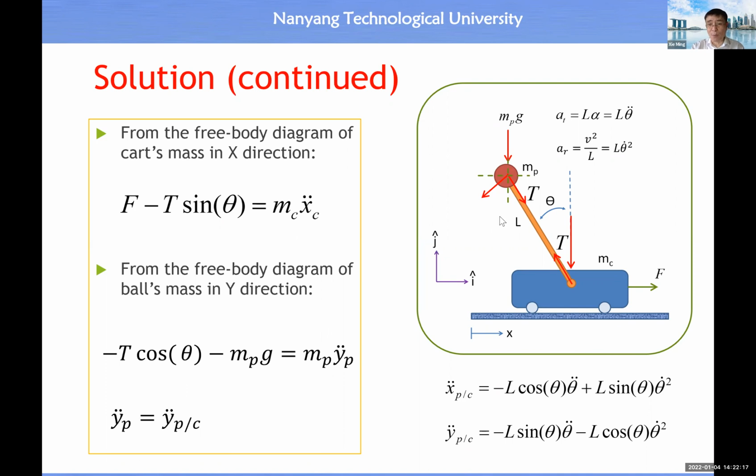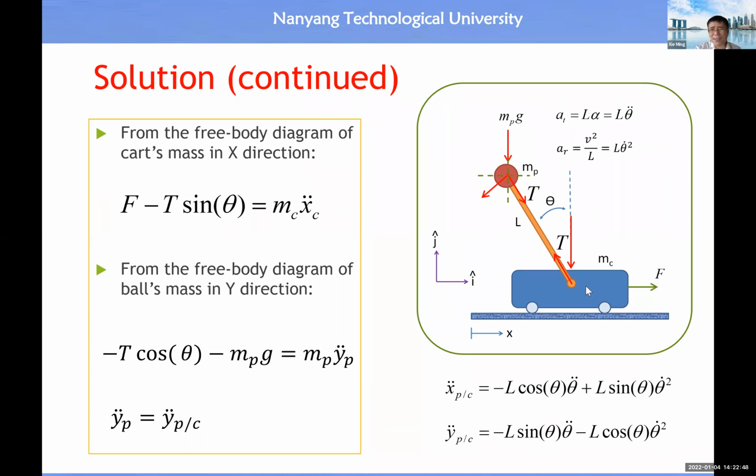Then for the ball, which can move in the y direction, what will be the force acting on the ball? There are two components: there's MPG and also T times cosine theta. These two add together, because they point toward the negative side of the y-axis. This net force will contribute to the y component of acceleration of the mass MP, right?